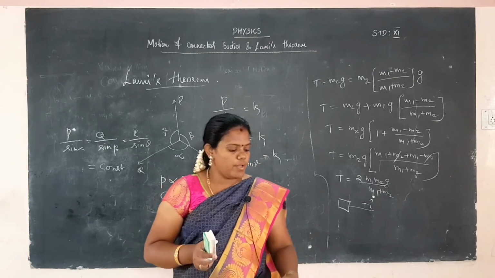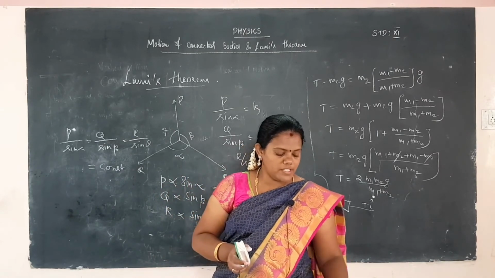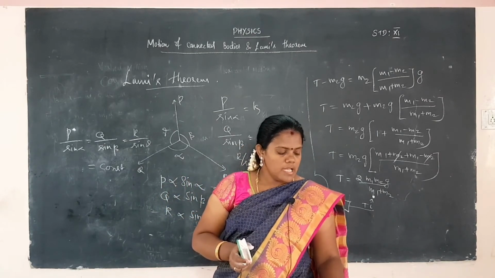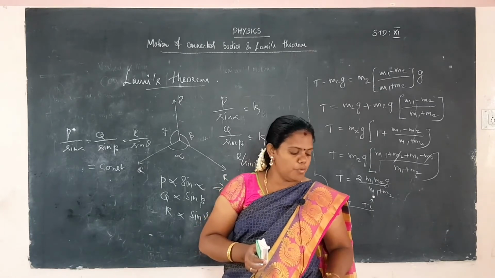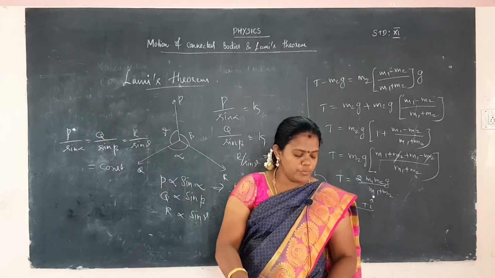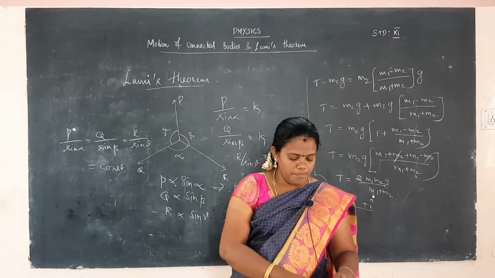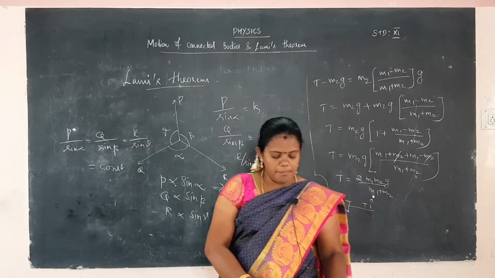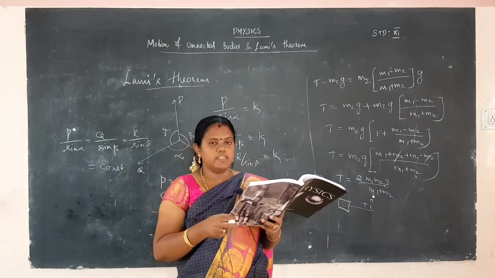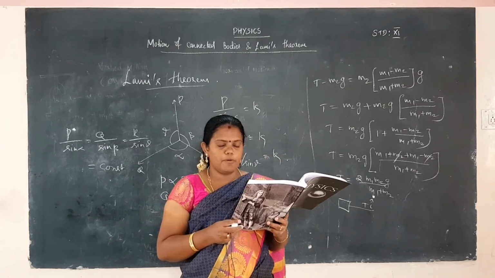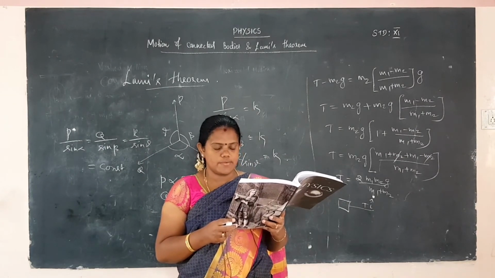In our book there is one problem on the application of Lami's theorem, and I will read that problem. A baby is playing on a swing which is hanging with the help of two identical chains and is at rest.